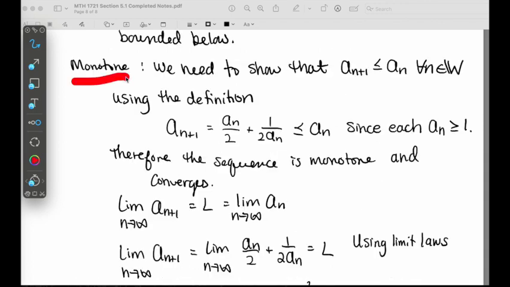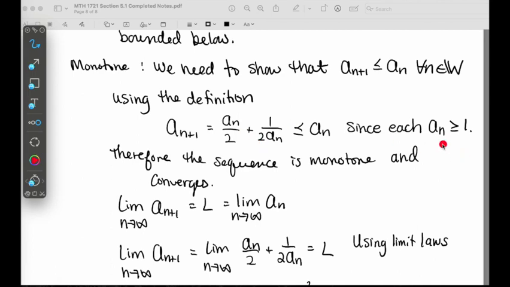Now we need to show that it's monotone, and I'm going to show that it is decreasing, meaning that an plus 1 is less than or equal to an for all the whole numbers. Using the definition that was given to us, an plus 1 is defined as an over 2 plus 1 over 2an.